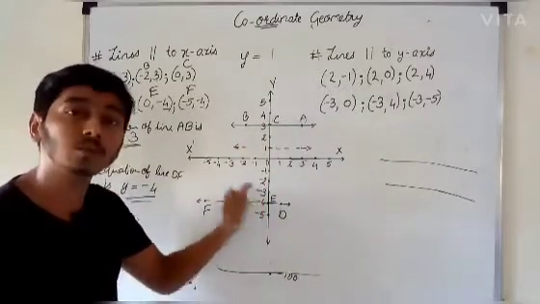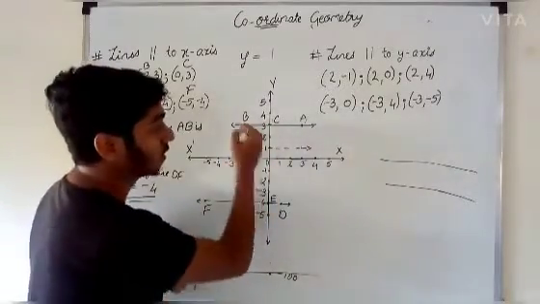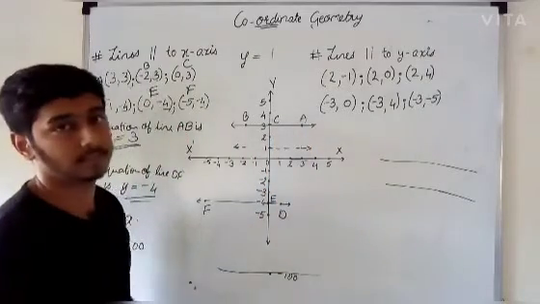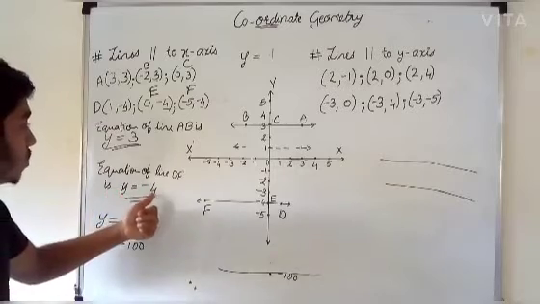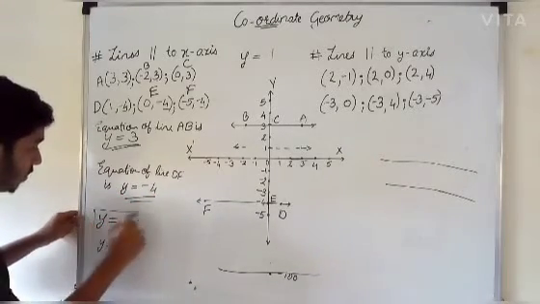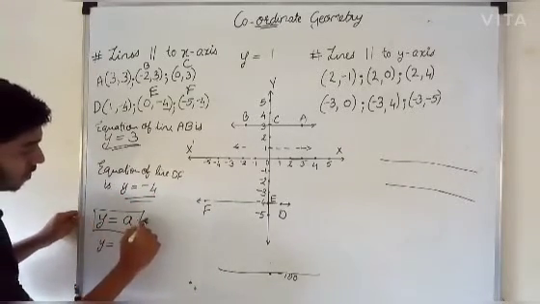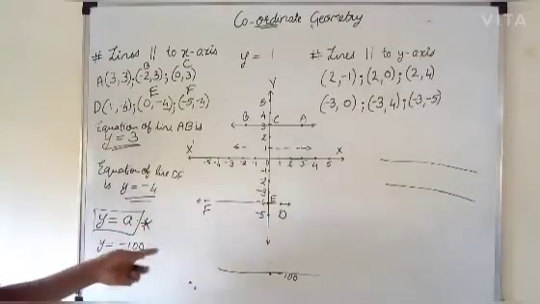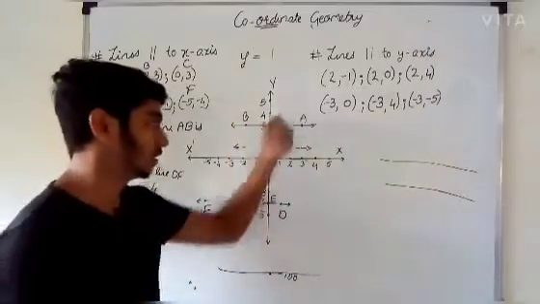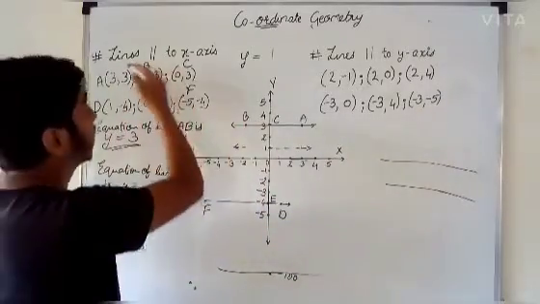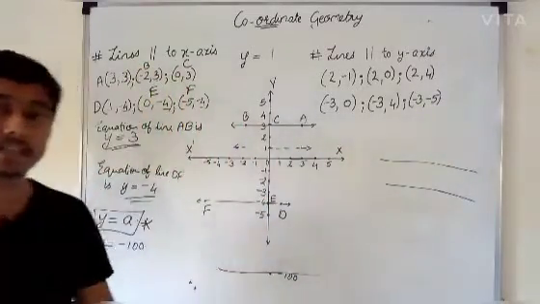With the help of that, you can easily find a line which is parallel to x-axis. Correct? So we can easily say that y is equal to something like this. This is the general form: y equal to a or minus a. So it says that these lines are parallel to the x-axis.